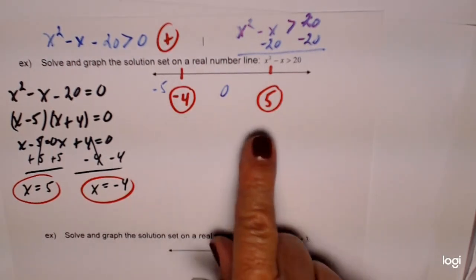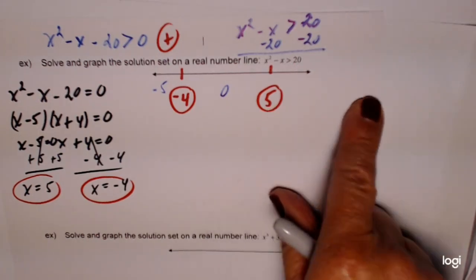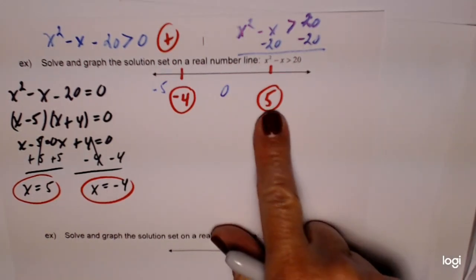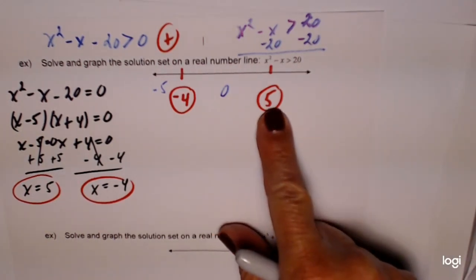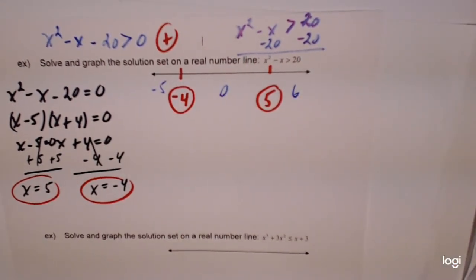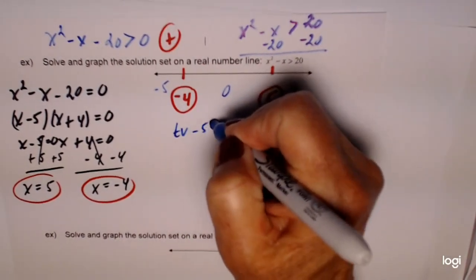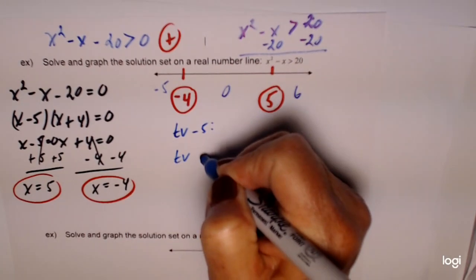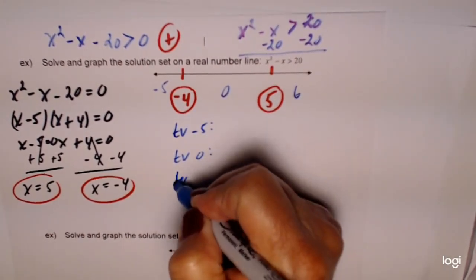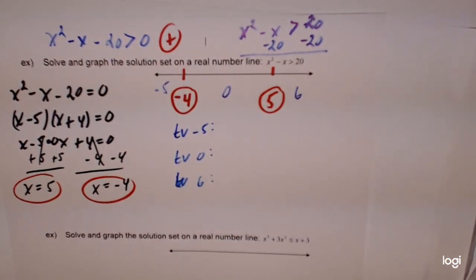I also tend to choose smaller numbers because in the interval from 5 to positive infinity, we could pick 1,029, but who wants to do the math with that number? So I am going to just go up 1 and make it 6. So there are the test values: negative 5, 0, and 6.